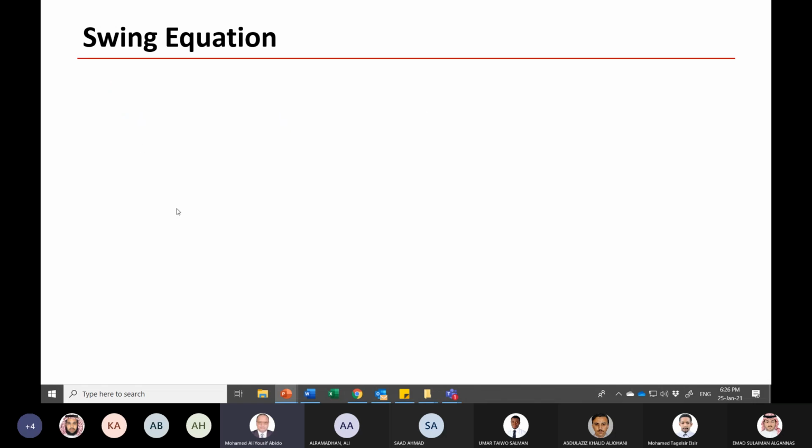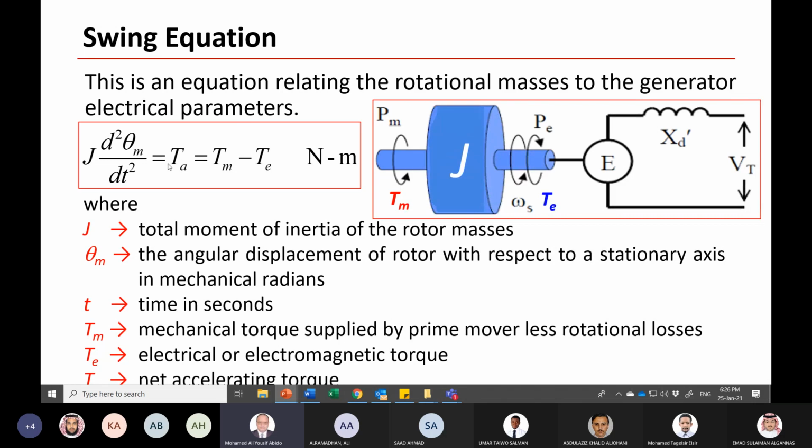Now for this equation, if the accelerating torque is 0, T mechanical equals T electrical, or P mechanical equals P electrical. If this is 0, that means there is no acceleration. The acceleration is 0, and the speed is constant. So the machine is running at synchronous speed.